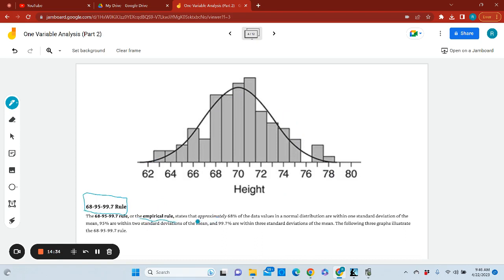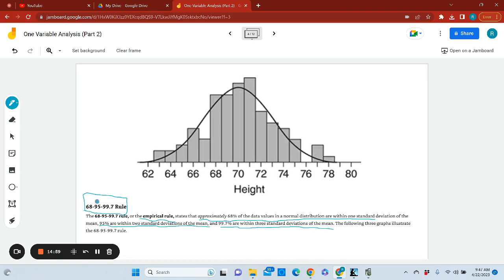And it's an approximation. It says that approximately 68% of data values in a normal distribution will be within 1 standard deviation of the mean. 95% are within 2 standard deviations of the mean, and 99.7%, so almost all the data in a normally distributed data set, should be within 3 standard deviations of the mean.